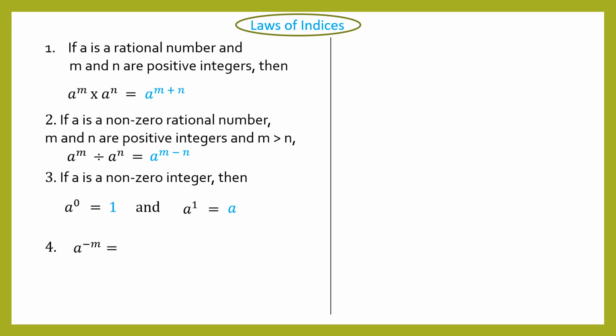That is, to remove this negative power, the number in the index form, which is in the numerator, will go to the denominator. So 3 raised to minus 2 is equal to 1 upon 3 raised to 2. So similarly, a raised to minus m will be 1 upon a raised to m.